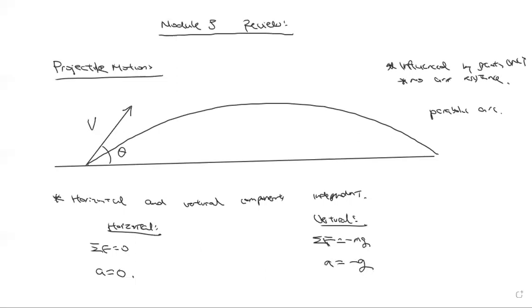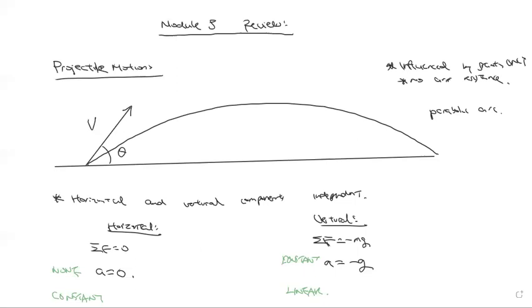So the key thing you need to understand is that there is no acceleration in the horizontal direction, but there is a constant acceleration in the vertical direction. That results in velocity being constant horizontally, and having a constant downward acceleration means you've got a linear velocity vertically.